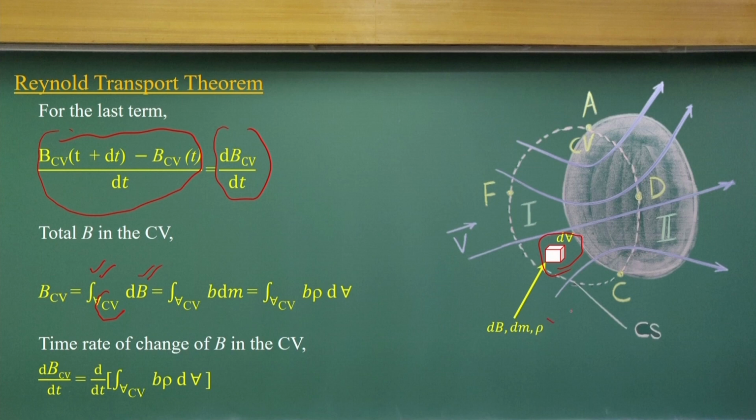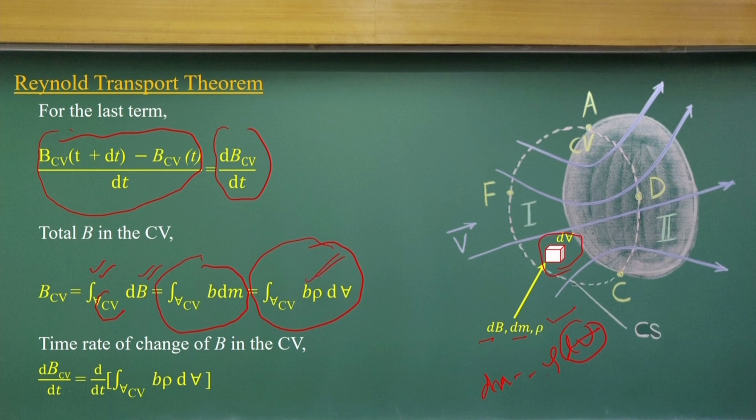If rho is the density, dm is the mass, and we can just integrate this part. A very simple definition is that density times volume is the mass. Okay. So, your dm is equal to rho dV, where V, as I am scratching it, is the volume, not the velocity. So, rho times dV equals dm, and b is the intensive property.